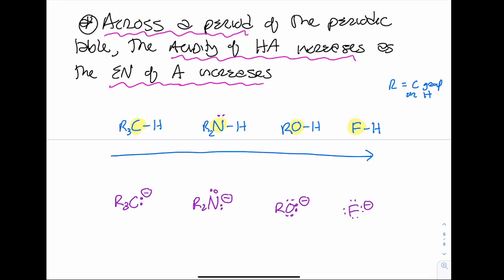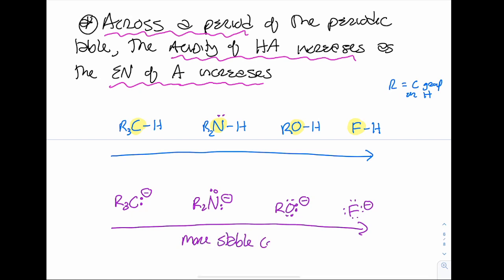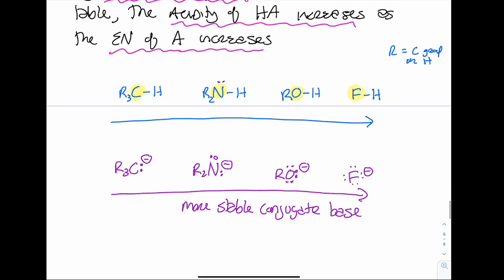But the point is, remember, we like negative charges on more electronegative atoms. So the stability of my conjugate base does increase in this direction. Again, if our conjugate base is more stable, we're more likely to make it, meaning my acid is more likely to lose its proton. So more stable conjugate base as we go across, right?